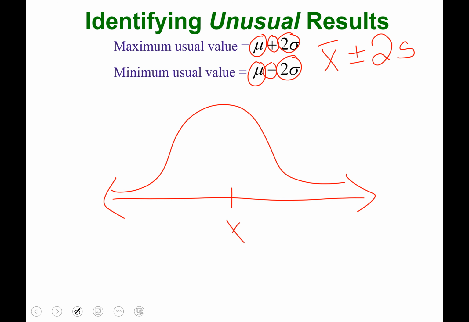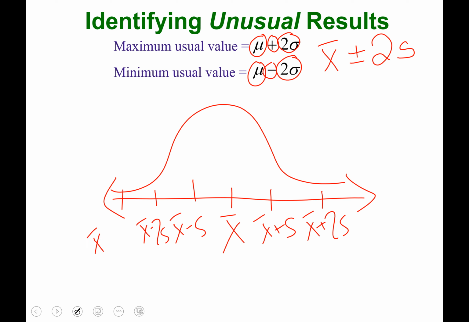X bar was in the middle, and then every time you went up a standard deviation, it'd be x bar plus 1 standard deviation, x bar plus 2 standard deviations. In the other direction, x bar minus a standard deviation, x bar minus 2 standard deviations. And I'm going to go a third time just for completeness.